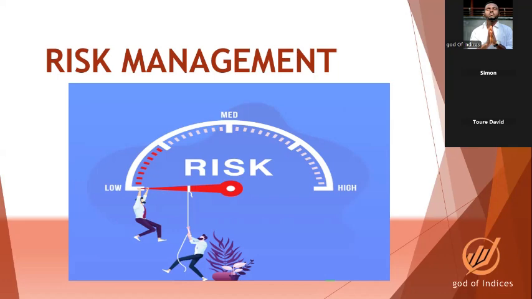Risk management is a term that applies to any part of business. Whatever business you operate, you must have good risk management. I came from the banking sector, so we have a very good risk management department.